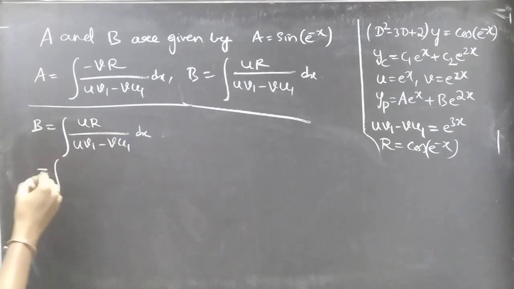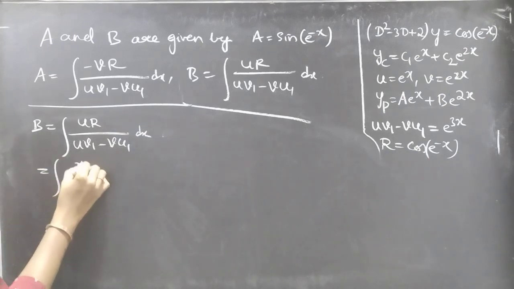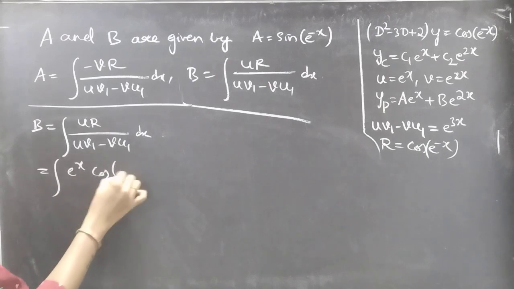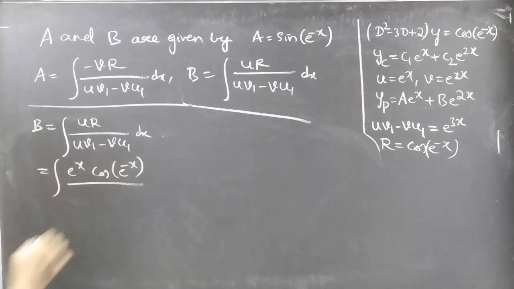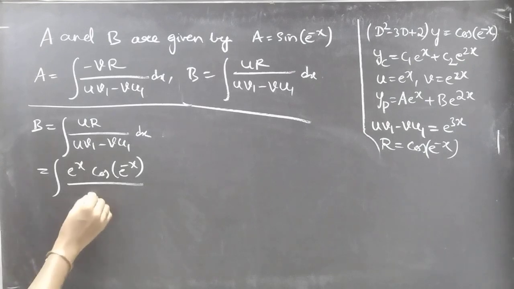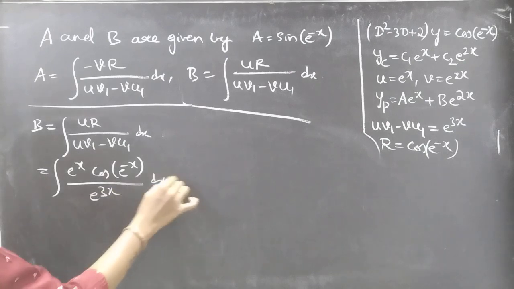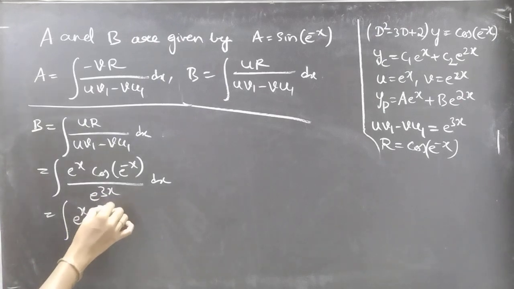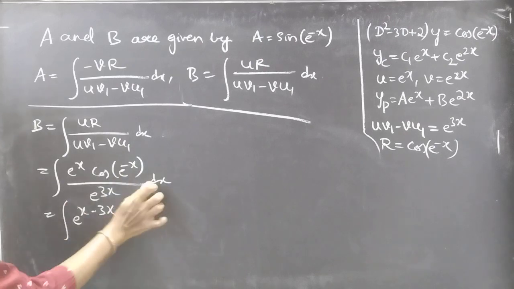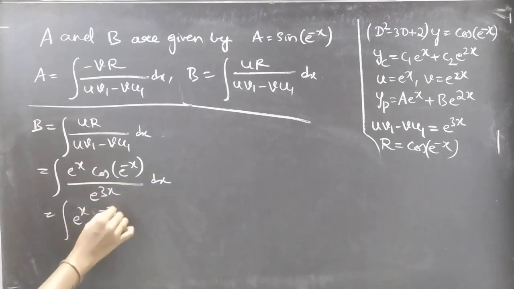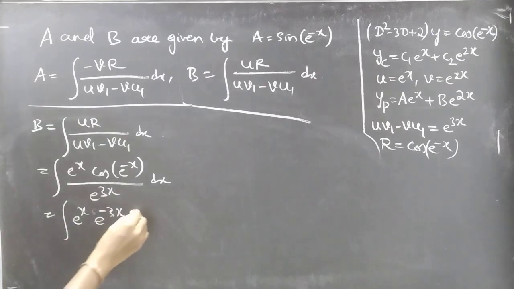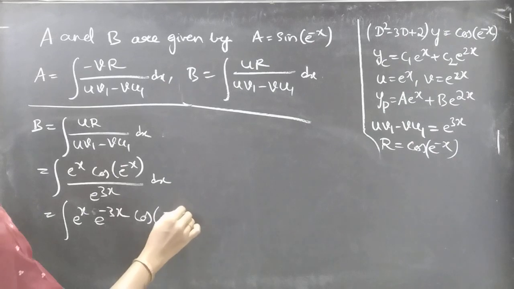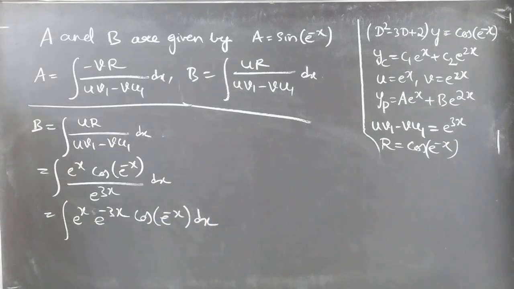This equals the integral of u, which is e^x, into r, which is cos of e^(minus x), by uv1 minus vu1, which is e^3x, into dx. This equals, here I am going to write e^x by e^3x directly, e^(x minus 3x), or better, I'll write 1 by e^3x as e^(minus 3x) into cos of e^(minus x) into dx.